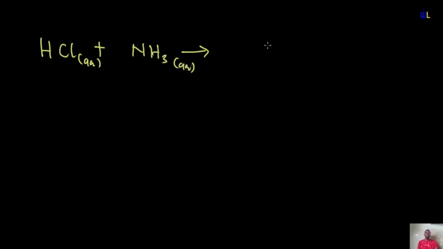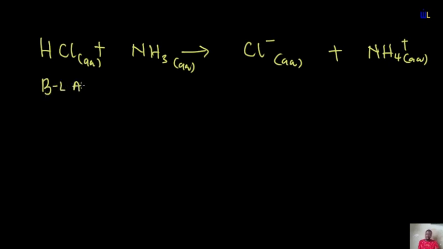Imagine this reaction now leads to the formation of Cl minus aqueous plus NH4 plus aqueous. Now, looking at these things, you will notice something. HCl here used to have one hydrogen, but then when it crossed over, it does not have any, which means that HCl gave away its hydrogen. The donor of hydrogen ion or proton is what we refer to as a Bronsted-Lowry acid.